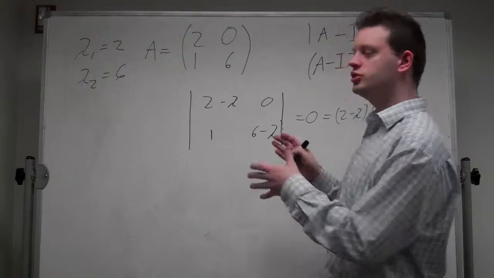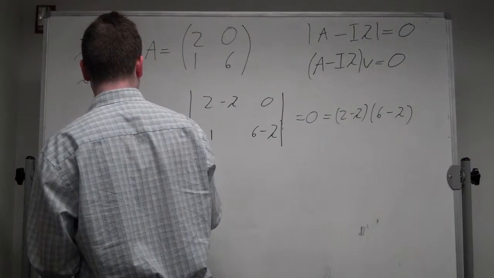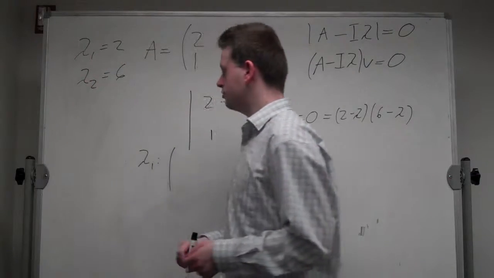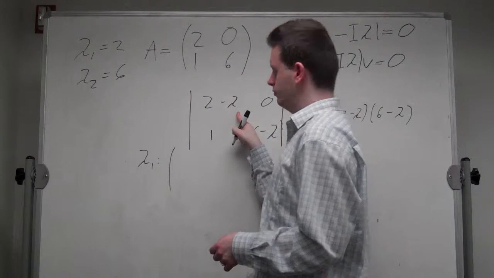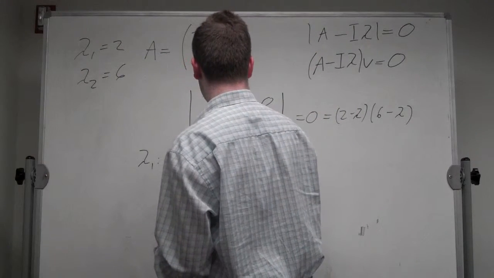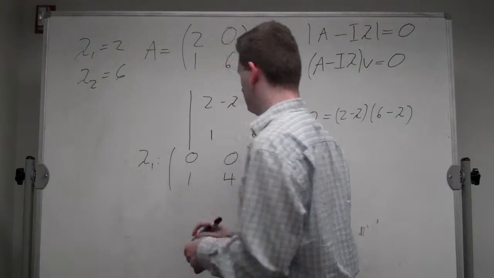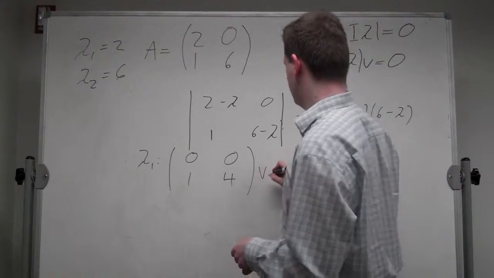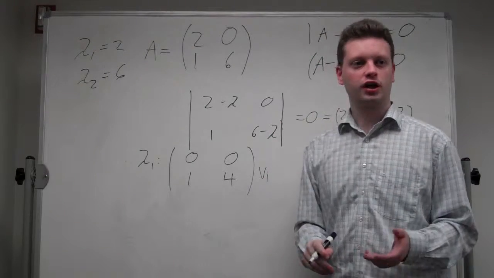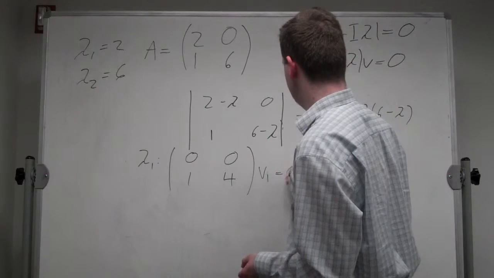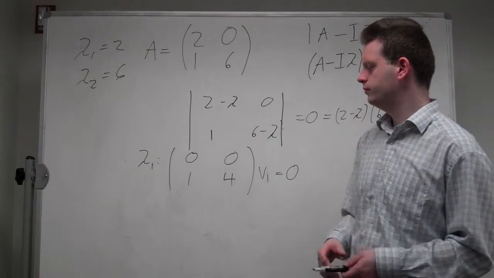So we do the same we just did. For lambda 1, we look at the matrix, and we have 2 minus 2, 0, 0, 1, and 4, times some vector, the eigenvector 1, has to be equal to 0. Now we have a problem.